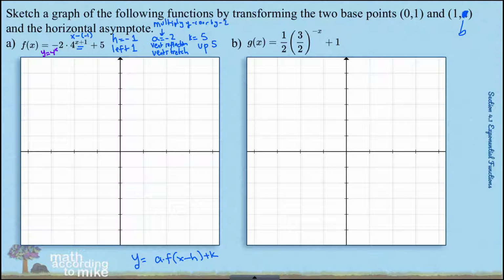Since it's 4 to the x, that means it's going to go through 0, 1, and 1, 4. Remember, 0, 1 always for the non-transformed, and 1, the base, again for the non-transformed. So in purple here is the base untransformed graph 4 to the x.